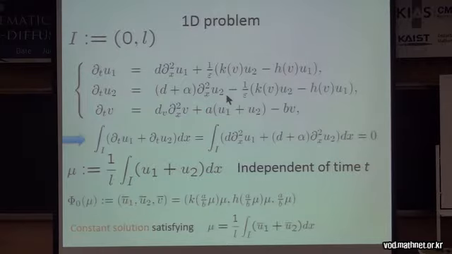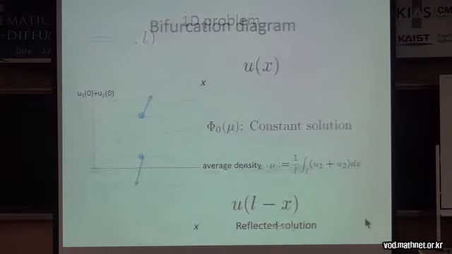Such constant stationary states are parameterized by this preserved quantity mu, and this constant stationary state is given explicitly like this by using the parameter mu.